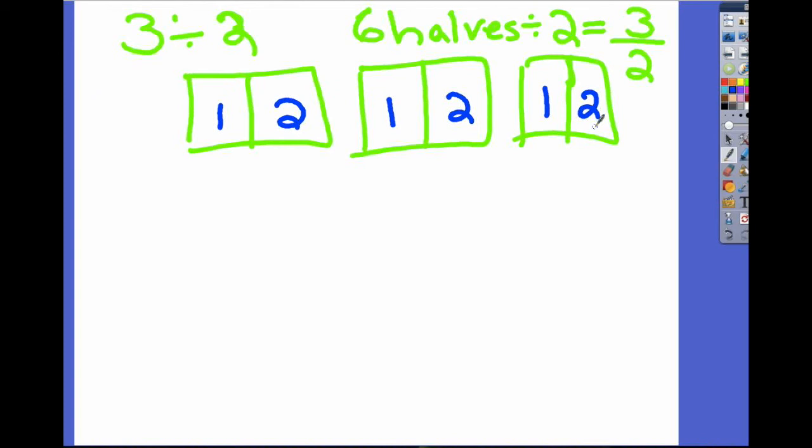What's my denominator? My denominator is 2. So once I hit 2 over 2, I have how many? 1 whole. So let's look at this. How many times does a 1 happen? 3 times. But 3 is too big, so what do we do?